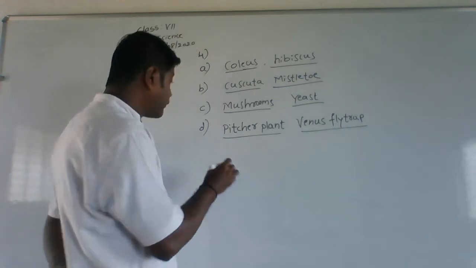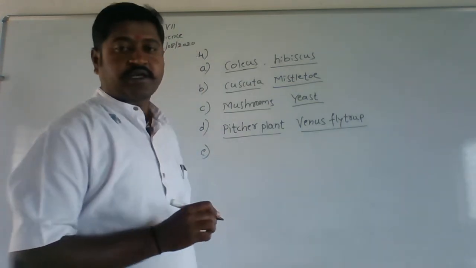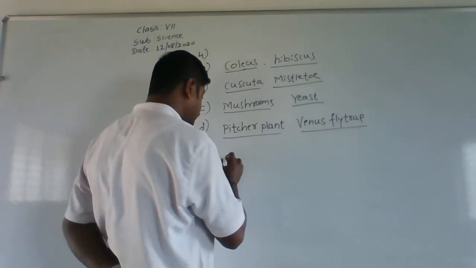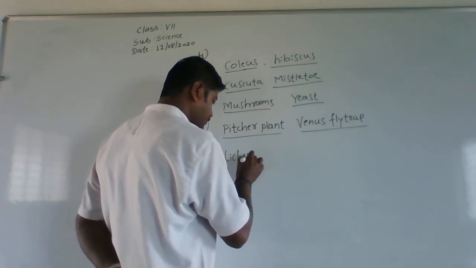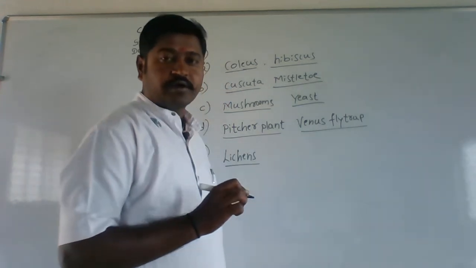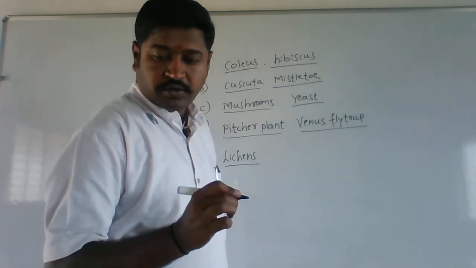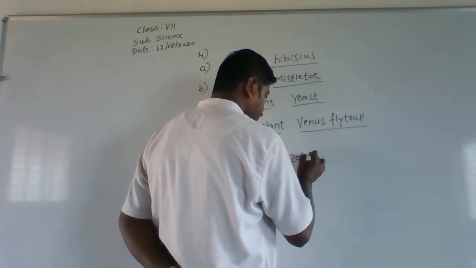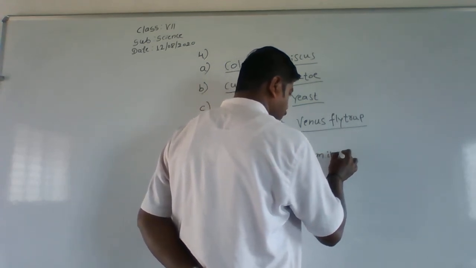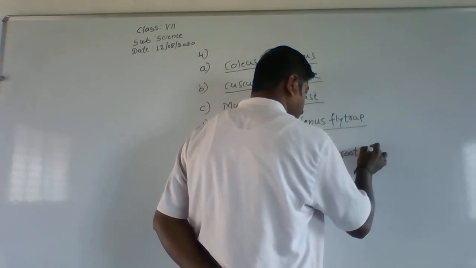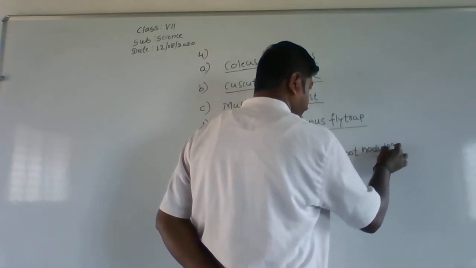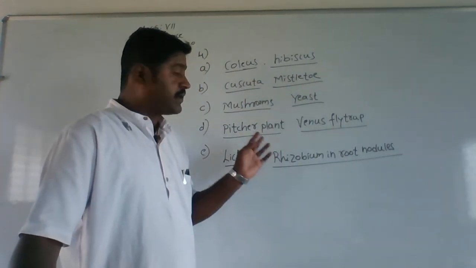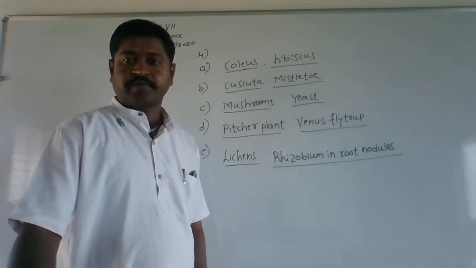Then the last one, symbiotic plants. What are the examples of symbiotic? There we find lichens and rhizobium in root nodules. I think you might be remembering all these examples, right?